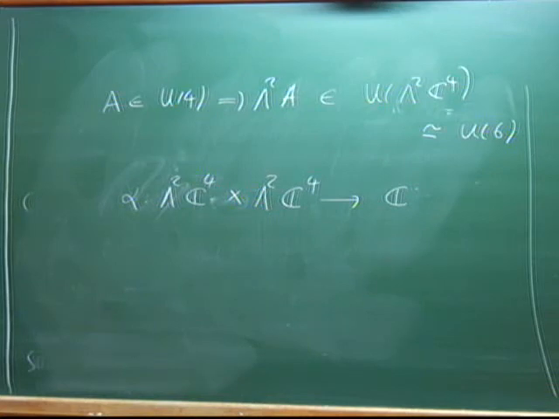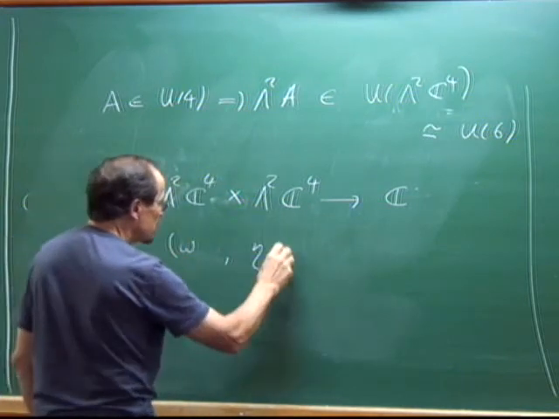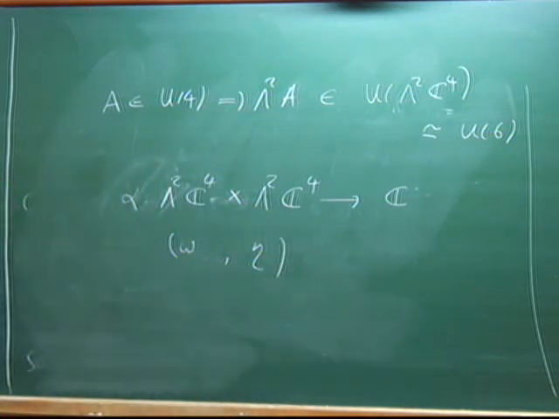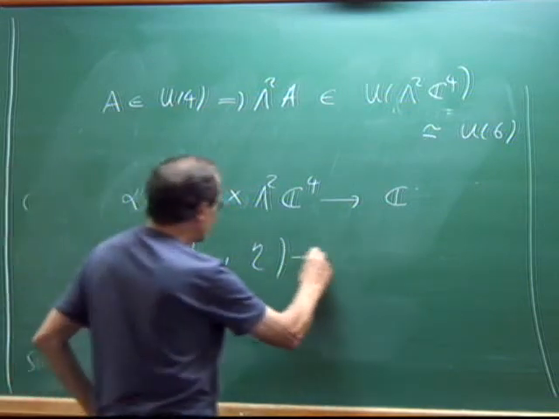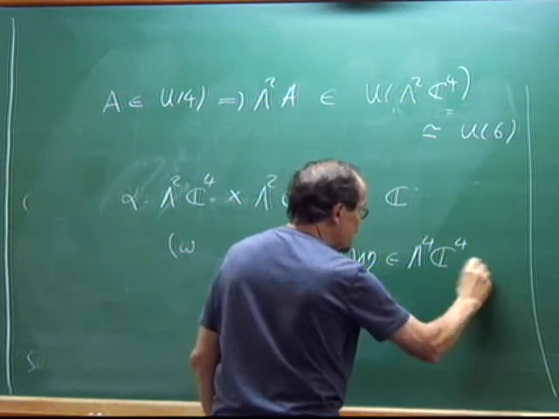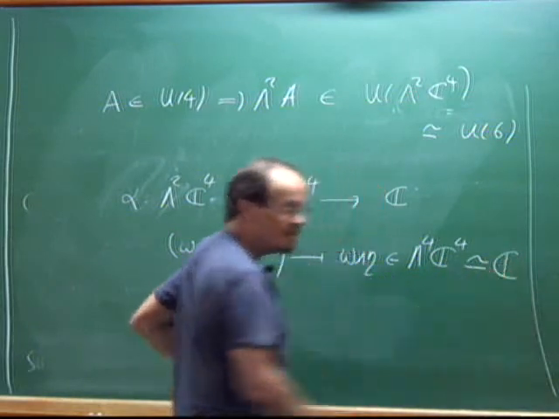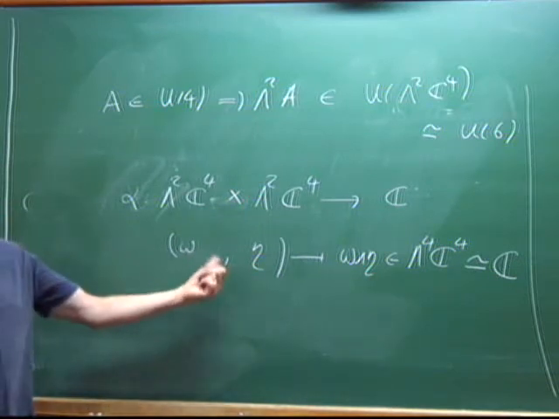So what is a natural map like this? Take a 2 form, take another 2 form. What can I do? Wedge them together, right? I'll end up in lambda 4 of C4, and that's canonically isomorphic to C. So that's clearly bilinear in omega, eta.